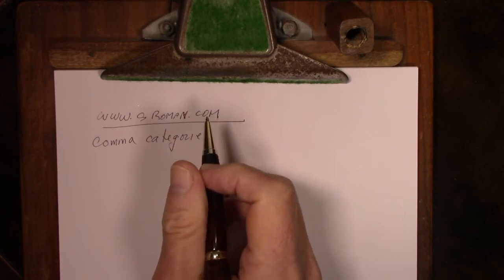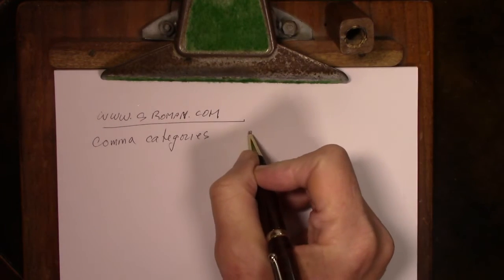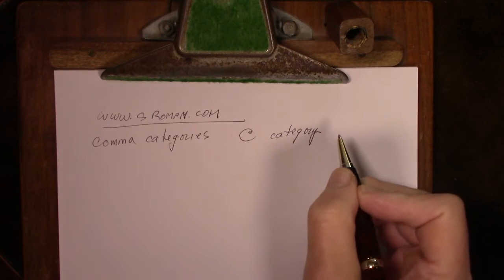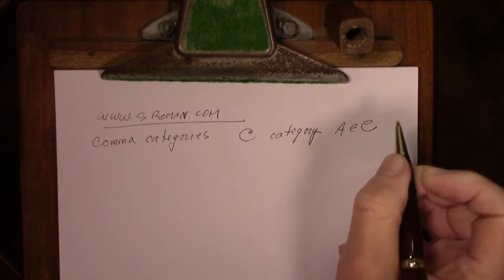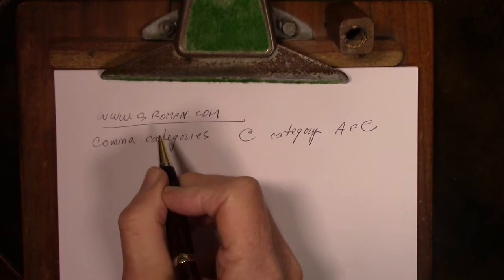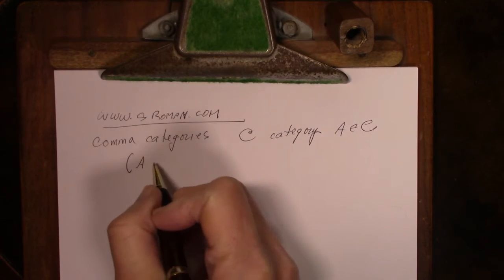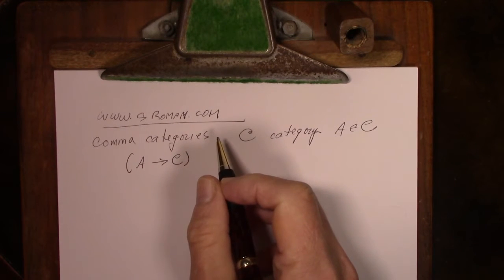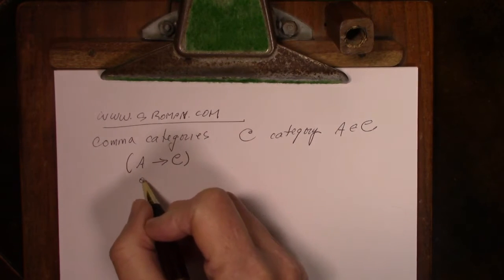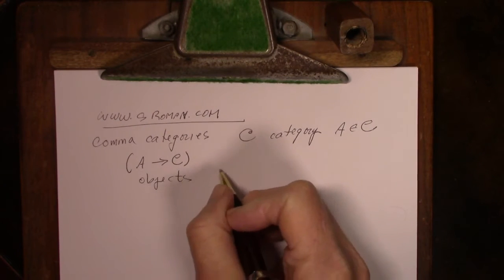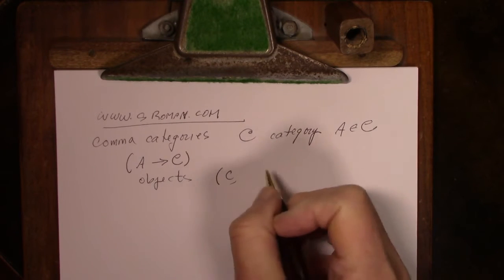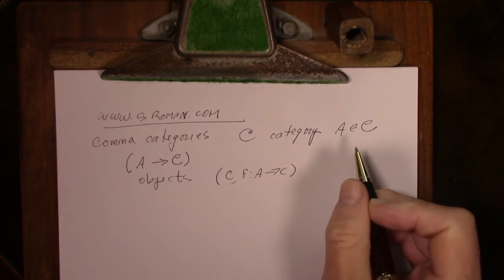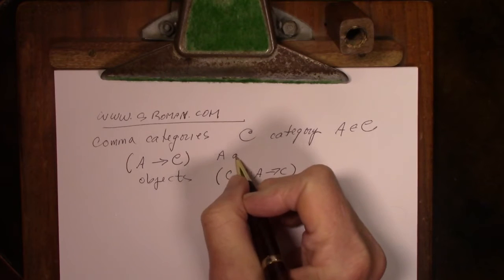and the simplest one was if C is a category and A is an object in the category, then the category A arrow C has for its objects the set of all pairs C, morphism from A to C. I called A the anchor object.